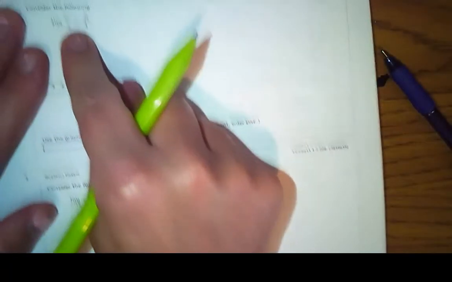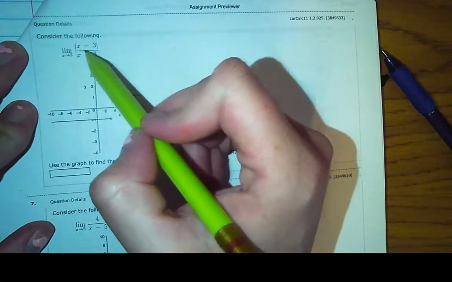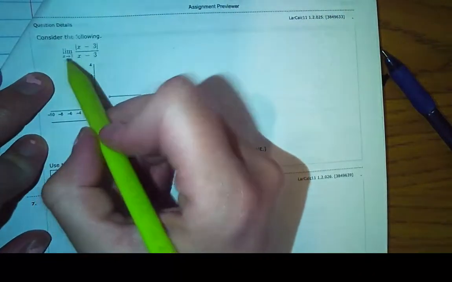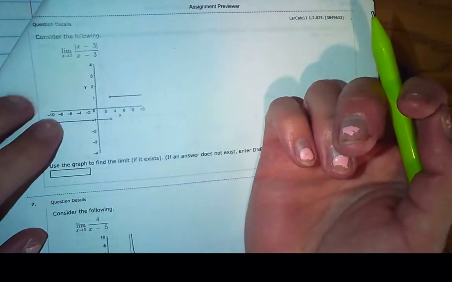All right, so let's do another couple. This is going to be another one that's going to pop its head up several times, just this format. You'll notice that it's the absolute value of x minus 3 over x minus 3. I would like to know what the limit is. If you use direct substitution, you're going to get 0 over 0.